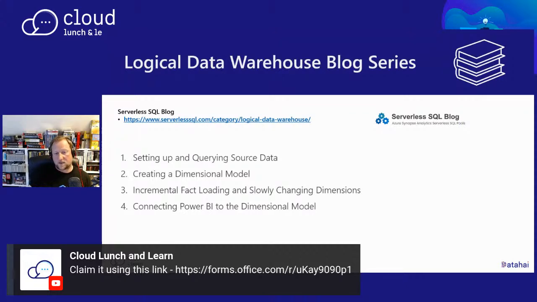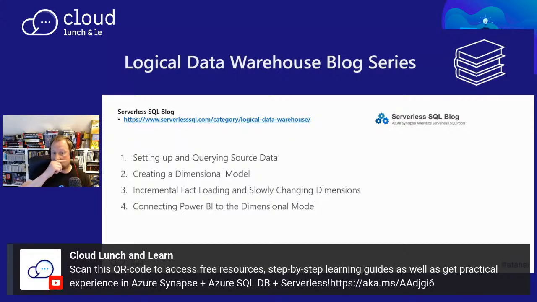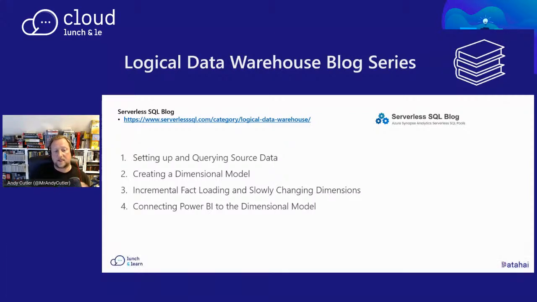We look at slowly changing dimensions. Now we are pushing Serverless SQL Pools a little bit here in its inbuilt functionality, but I offer a solution in which, if you'd like to track changes to source data over time using serverless and writing that data back to the data lake as Parquet, that's included. And we're also connecting Power BI to our views in our serverless SQL Pools database.